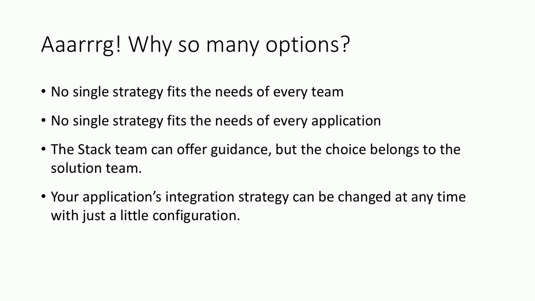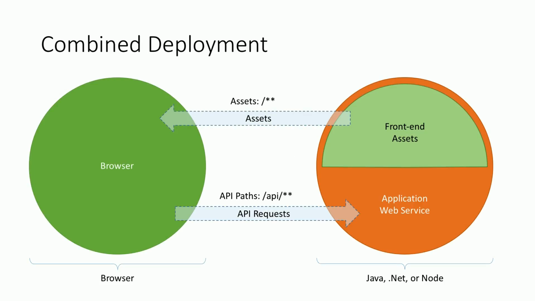So first, let's cover the combined deployment. I mentioned there are two combined deployment strategies. One is where the builds are combined, and then they end up getting deployed in the same process.